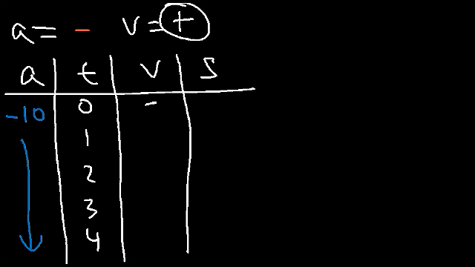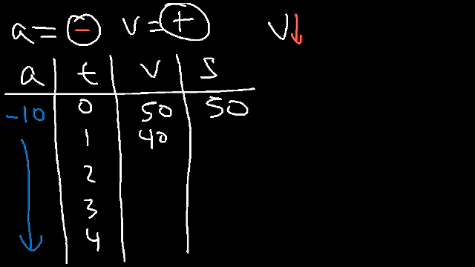Let's say it's 50. That means the speed is 50. 1 second later, it's going to be 40. If the acceleration is negative, velocity is decreasing. So if you add negative 10 to 50, you get 40. And if you add another negative 10, it's going to be 30, and then 20, and then 10. Every second, the velocity is going to decrease by 10.